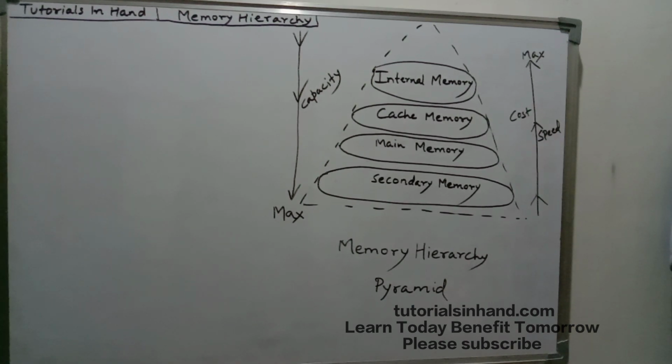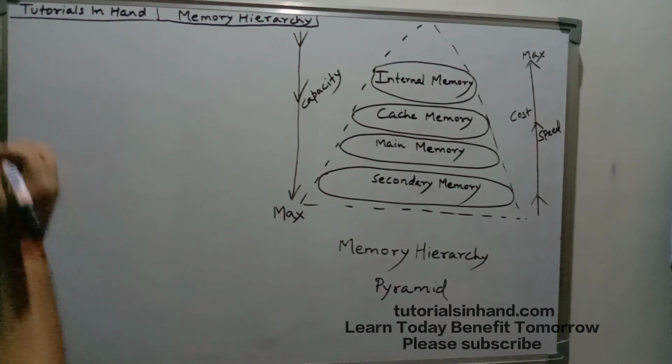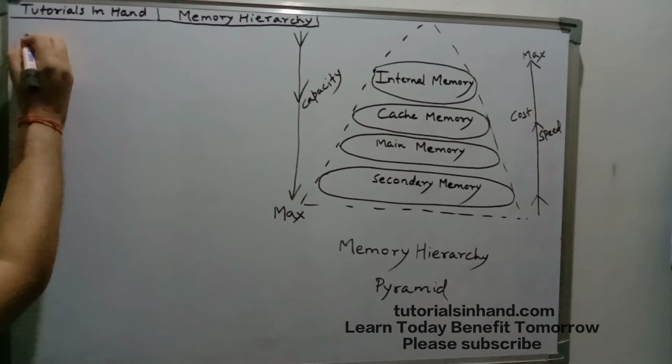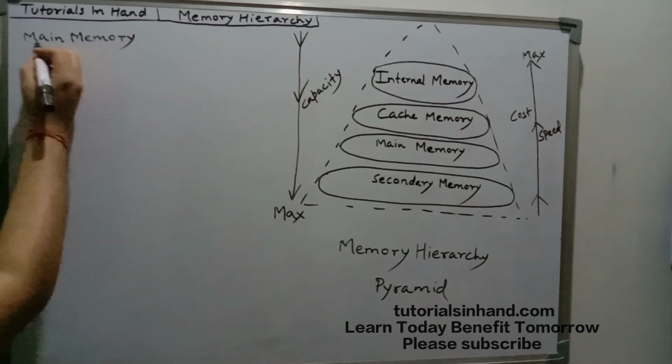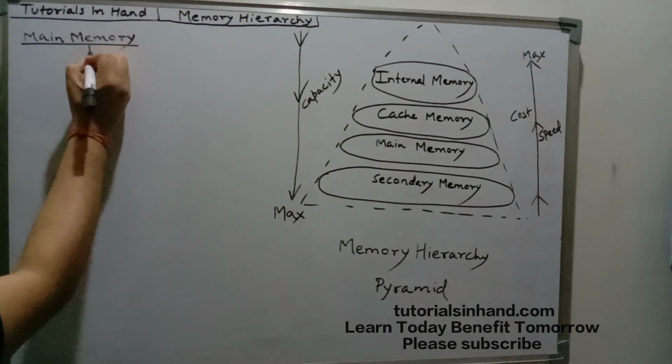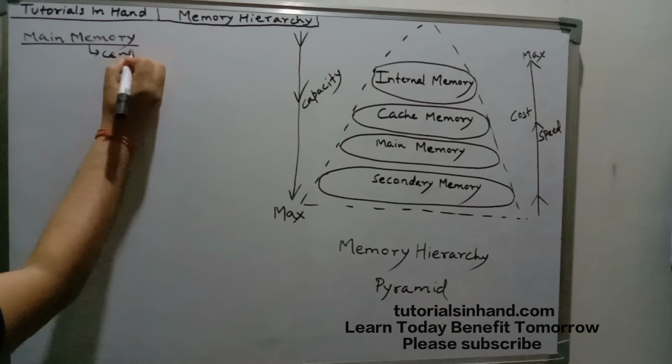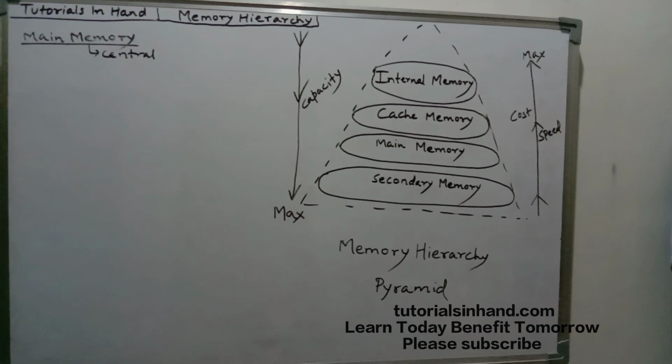Now if we talk about these memories one by one, first of all we will consider main memory. What is main memory? Main memory occupies the central position in the complete memory hierarchy. Why?